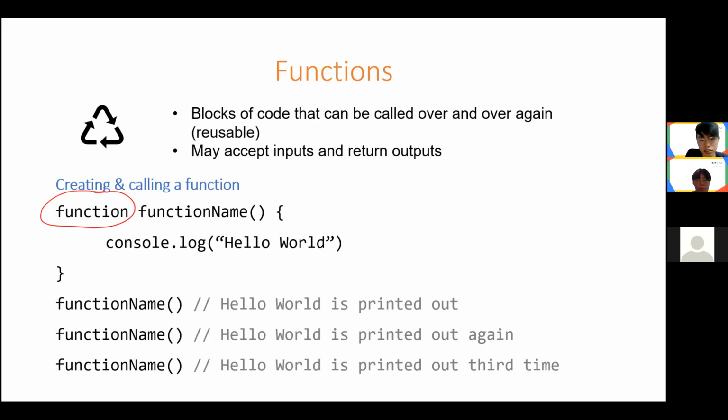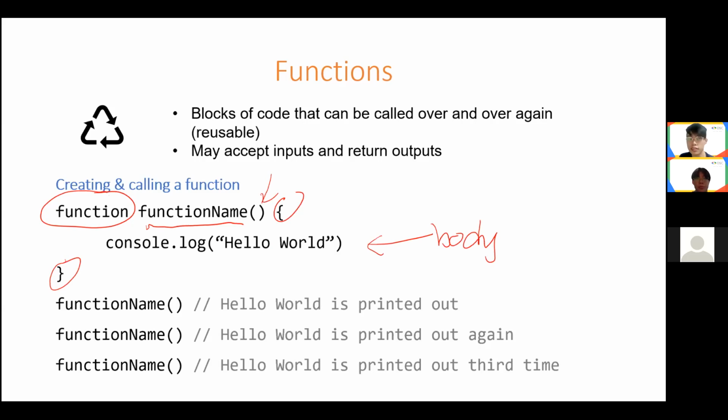First, creating: we put the function keyword at the front, and then we put the name of the function. Then we have some parentheses here, and then curly braces. And this will be the body of the function. Whenever we call a function, it will run whatever is inside the body of the function.